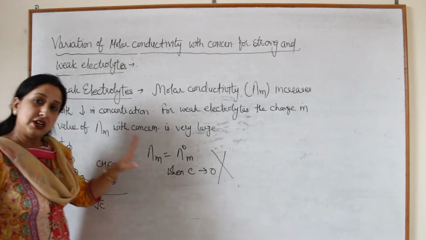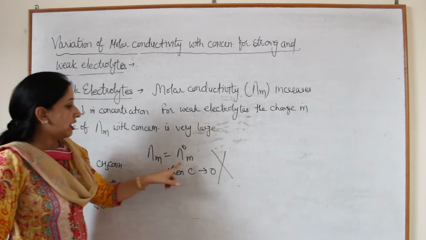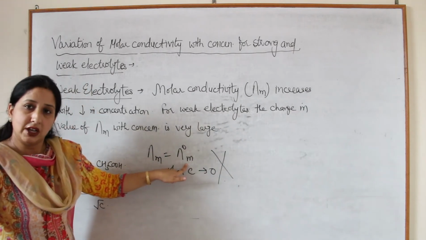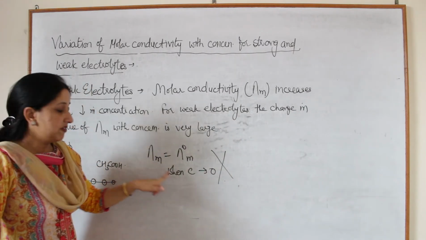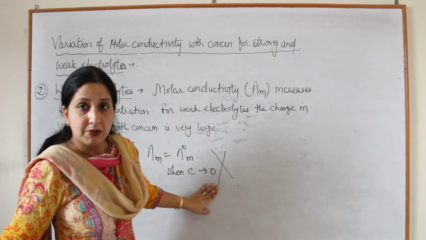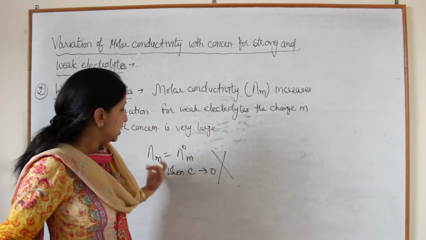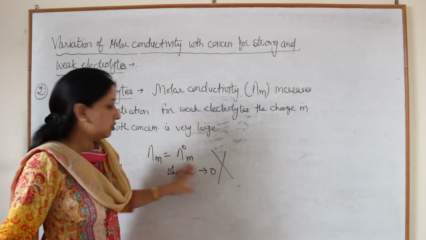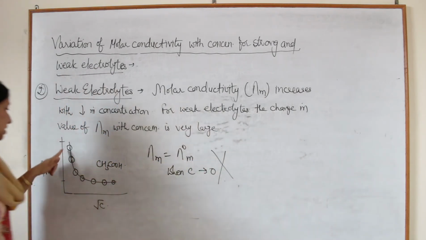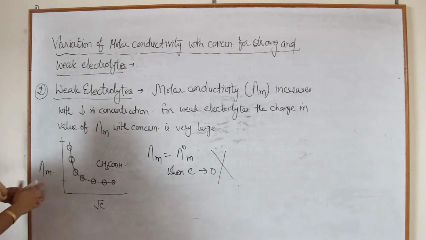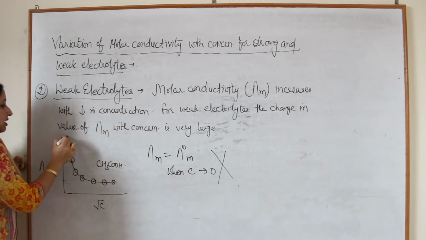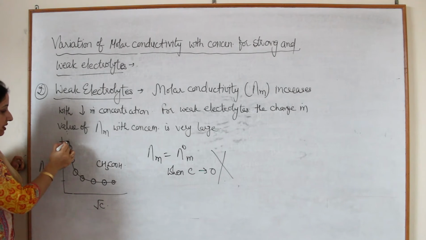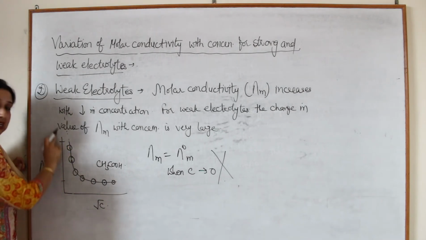Means for strong electrolytes we can easily calculate the value of lambda naught m from lambda m when the concentration is 0. But for weak electrolytes we cannot use this formula, because if we extrapolate this graph it will go like this, but this will not touch this line.